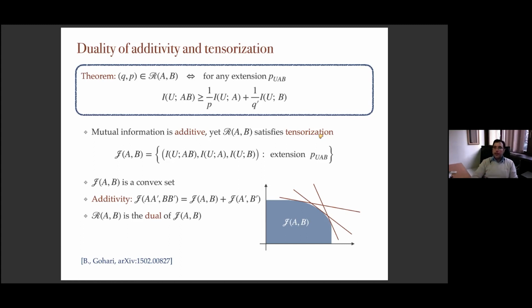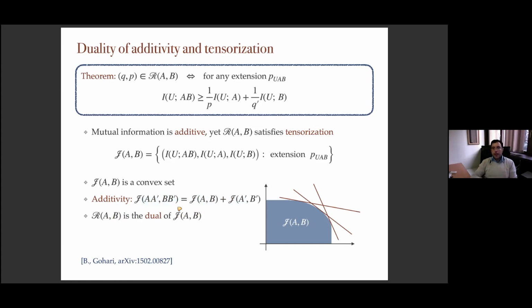And that dual would satisfy the tensorization property. The point is that the rate region, by the very fact that it's a rate region, has the additivity property. Any rate region, by definition, no matter what source coding problem you consider, satisfies additivity. And then you take the dual, and you automatically get a set with the tensorization property. The logic would be exactly the same as the logic we had here.